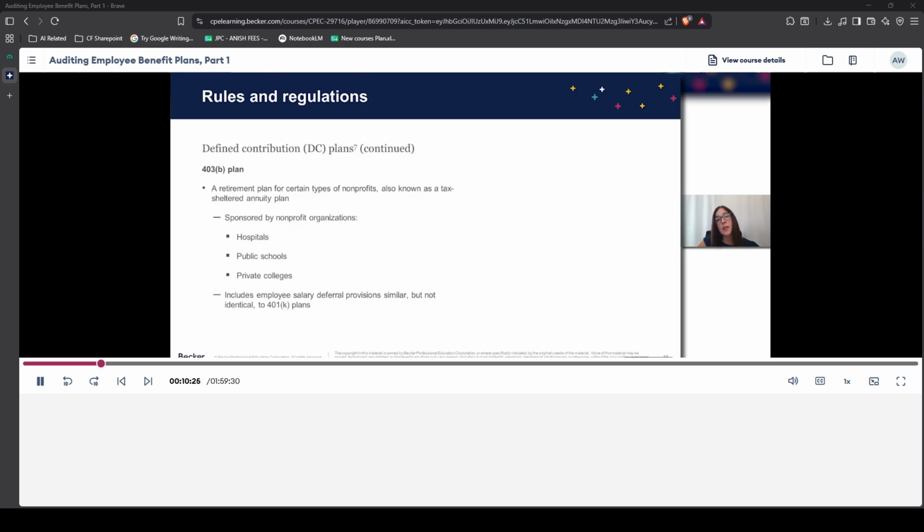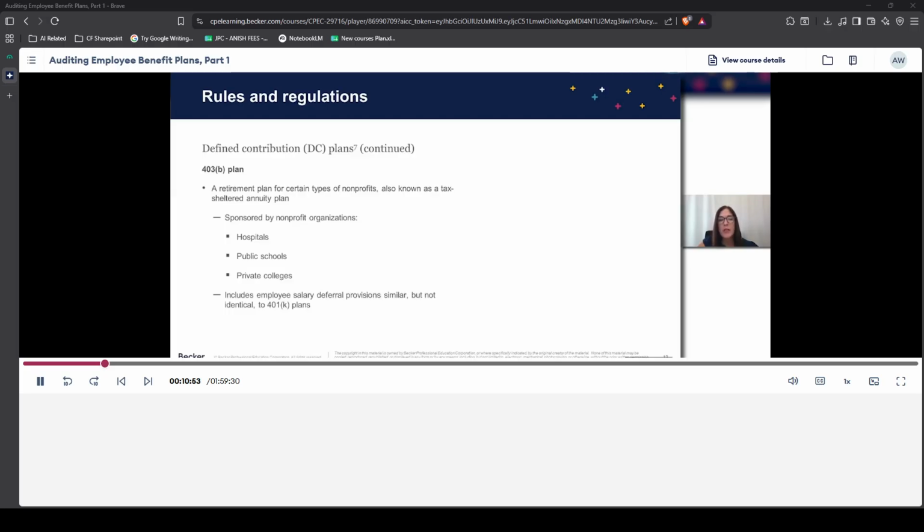However, you could also encounter a 403b plan. A 403b plan works very similar to a 401k. However, with your 403b plans, there are only certain types of organizations that can sponsor a 403b plan. So a 403b plan can only be sponsored by a public school, college, or university, by a 501c3 entity, some churches.